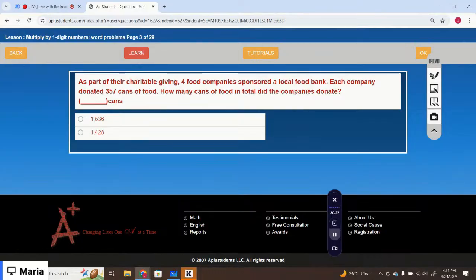As part of their charitable giving, 4 food companies sponsored a local food bank. Each company donated 357 cans of food. How many cans of food in total did the companies donate?